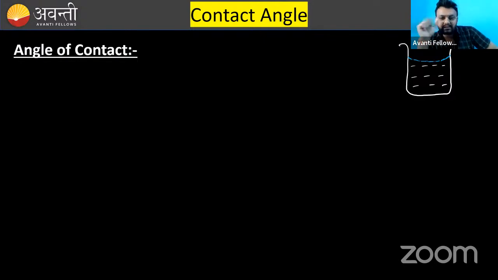So the first term that we are going to discuss is that this shape of the surface in a solid is known as meniscus.